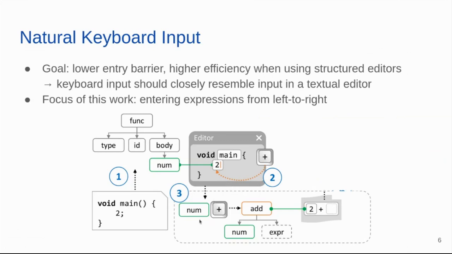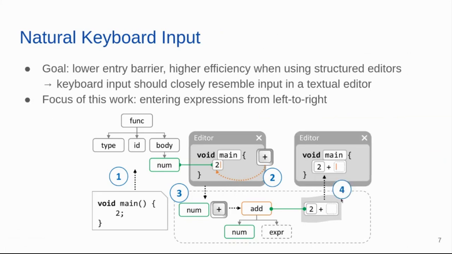This node was taken in isolation. We analyzed it through the partial parser, we'll get to that in a moment, found that indeed this can be done, and turned it into this expression 2 plus something, in this case like a hole waiting for an expression to be entered. And finally, we mount this new modified subtree that incorporates both the existing selection and the user's input back into the structured editor's editing model. So this is where we want to end up.